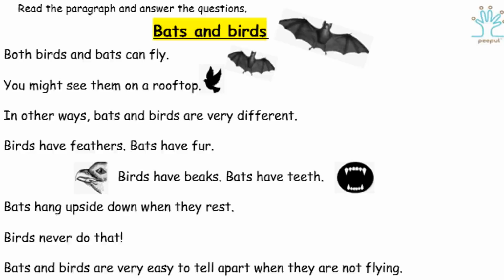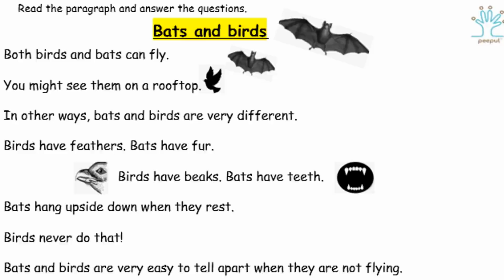Both birds and bats can fly. You might see them on a rooftop. In other ways, bats and birds are very different. Birds have feathers, bats have fur. Birds have beaks, bats have teeth. Bats hang upside down when they rest. Can you find a word which is the plural of tooth?